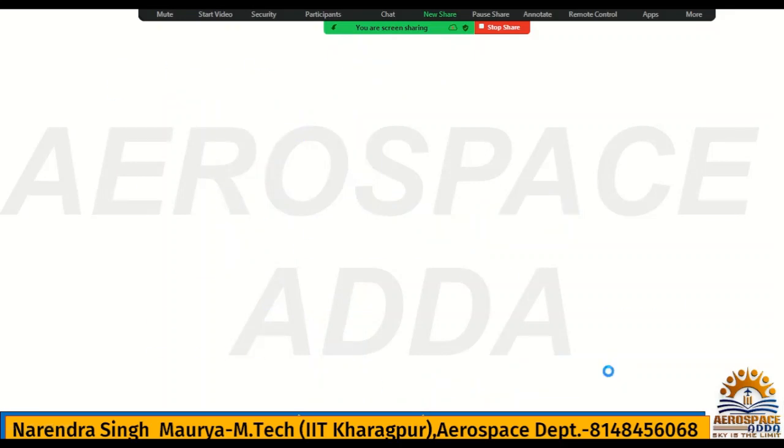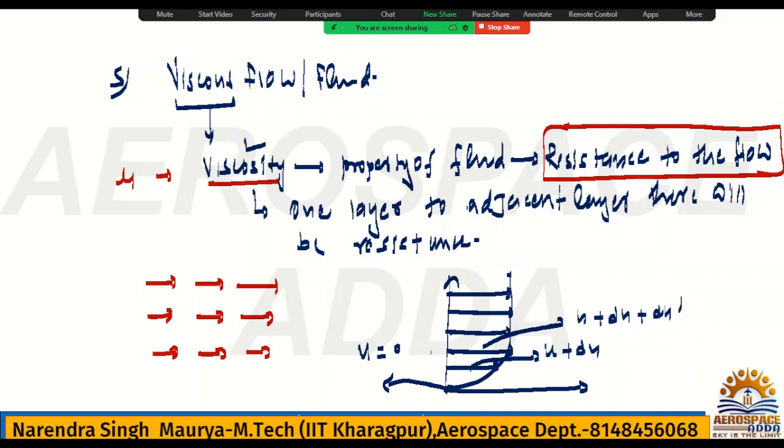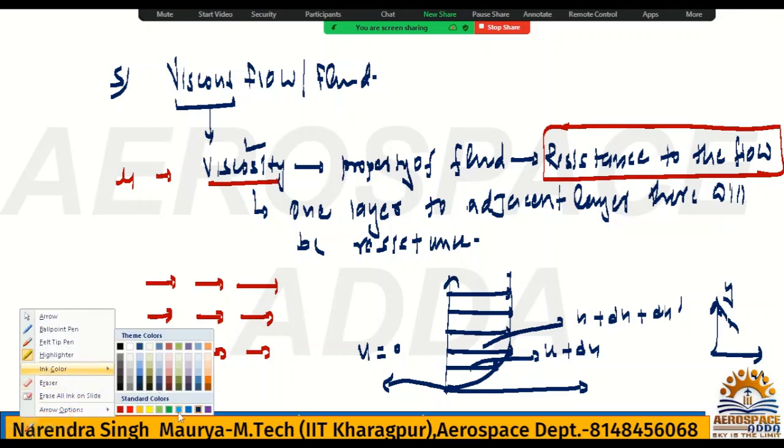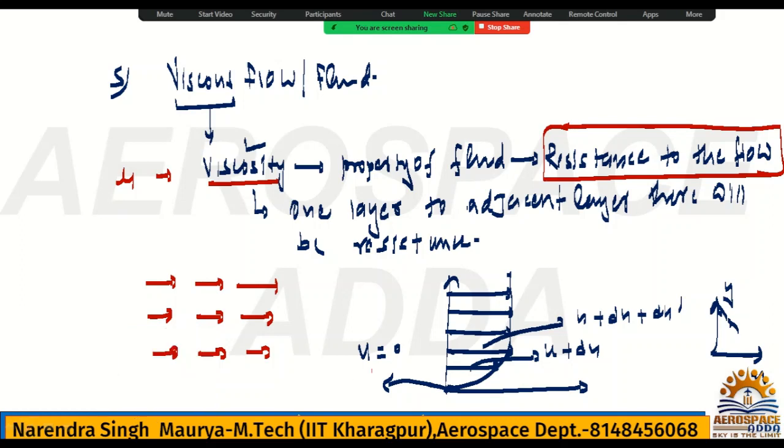So this velocity gradient, why are you getting? Actually, this axis is Y, and this axis is X. So in y direction, check that velocity is changing or not? See, here it is u plus du, and here it is u. Suppose this distance is dy, and what is the change you are getting here?